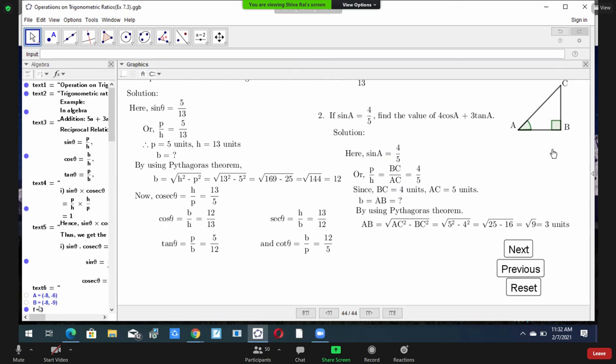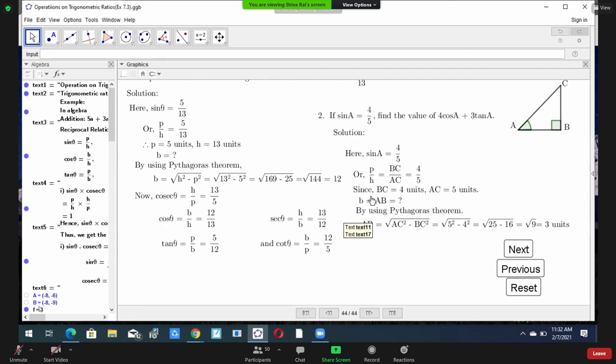Here P is BC. Why BC? The side opposite to the angle of reference is the perpendicular. So the side opposite to A is BC. So BC is perpendicular, and H is AC. AC is hypotenuse. So this is equal to 4 upon 5.